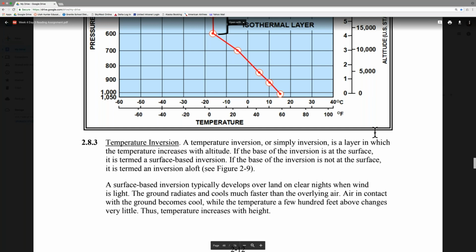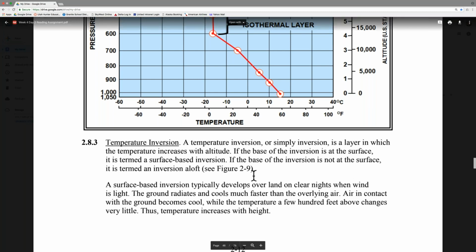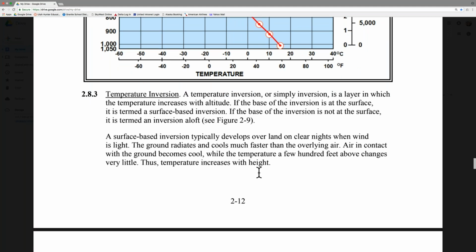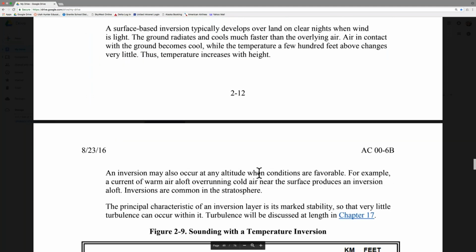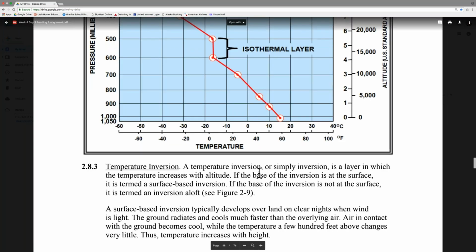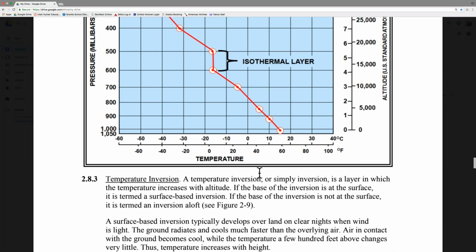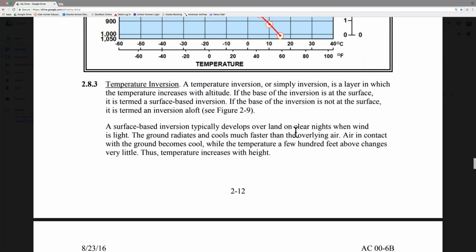So, inversion. Like I stated in a previous class, this is something that I want you guys to have memorized. Basically, it's where hot air traps a layer of cold air underneath it. So rather than the temperature decreasing as you gain altitude, it increases for a period of time.